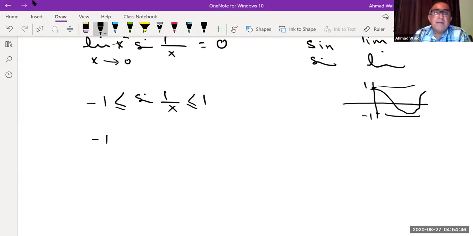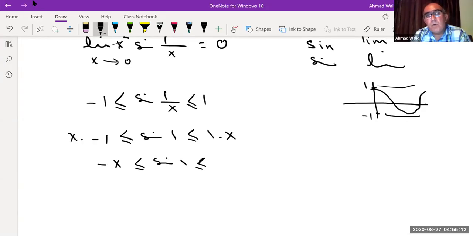Then I will end up with negative 1 times x squared less than or equal to x squared sine of 1 over x less than or equal to 1 times x squared. Negative 1 times x squared gives you negative x squared, correct? Less than or equal to x squared sine of 1 over x, less than or equal to x squared.